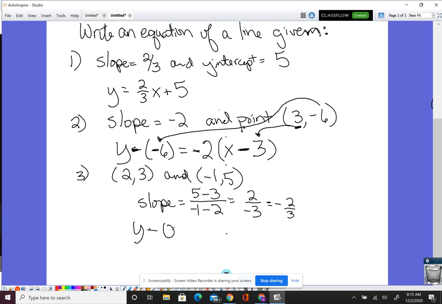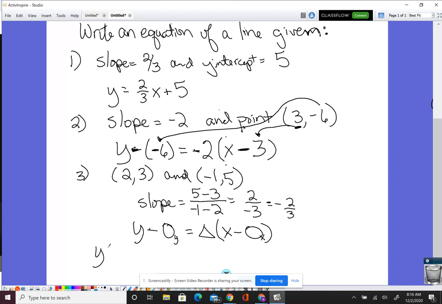y minus circle y equals triangle times x minus circle x. The choice you have now is you can use either one of those points in this equation. So the first time I'm going to use the first point.